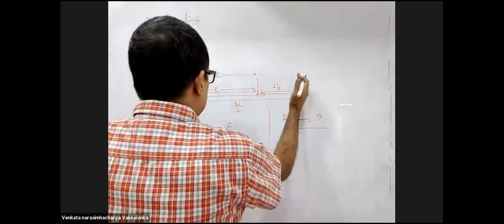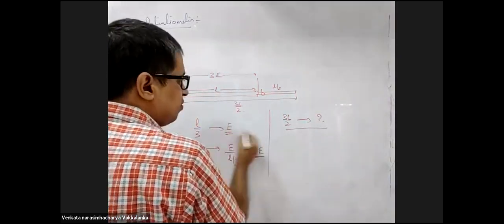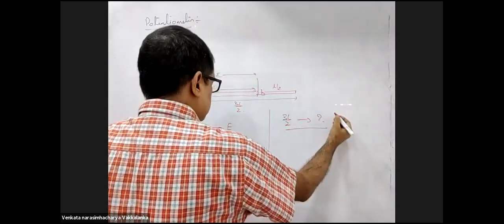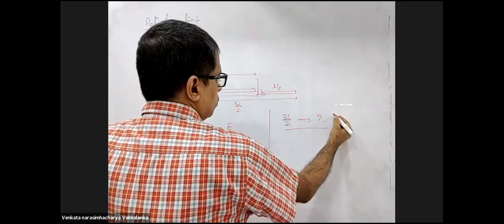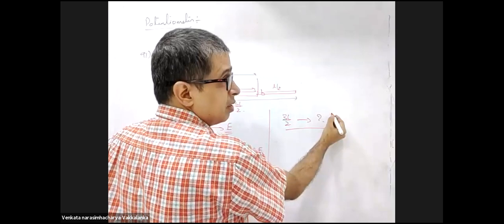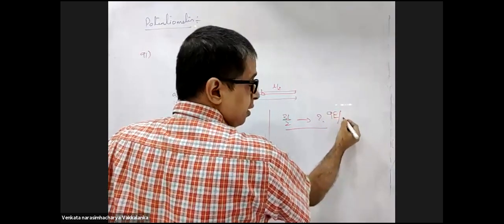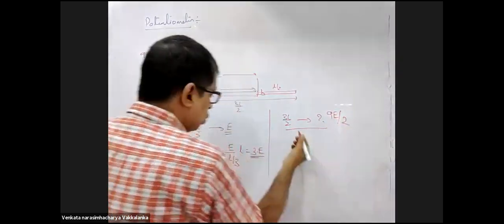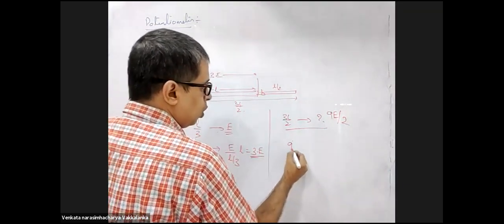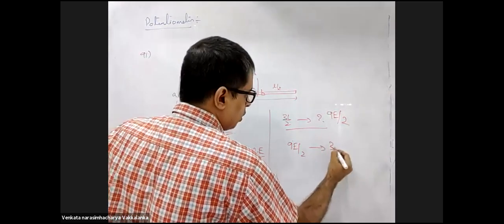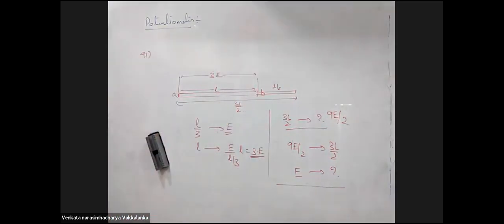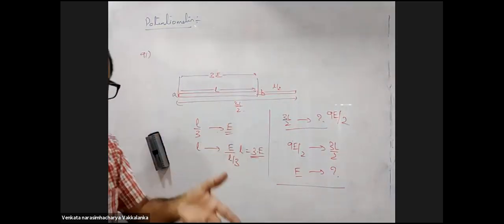For 3L by 2, how much am I getting? 9E by 2. Now my requirement is E. 9E by 2 is across 3L by 2. E will be across how much? Unitary method is asking you where will I have the balancing length for the same cell.